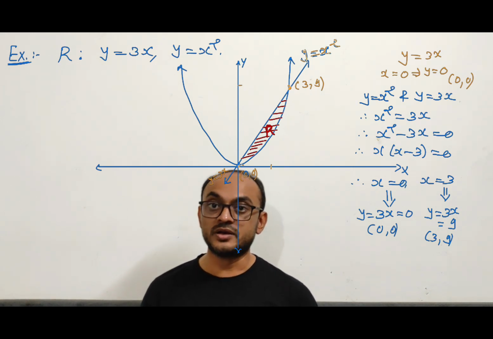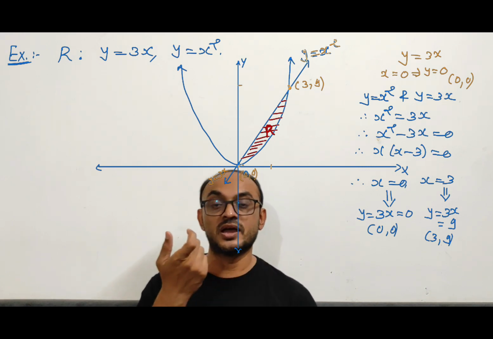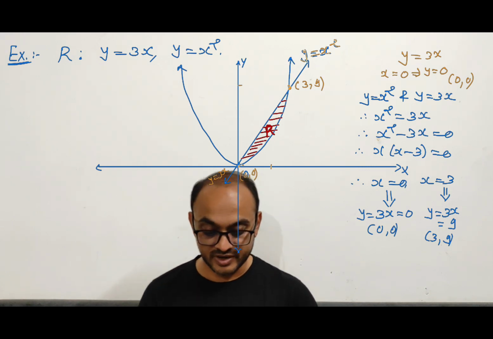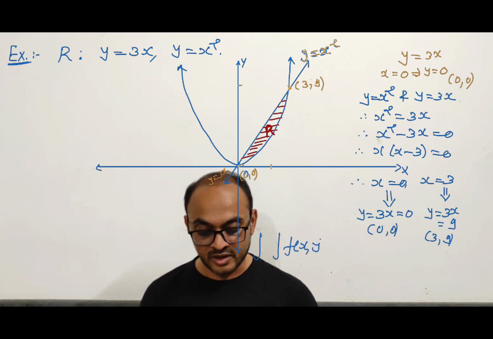Whenever we are writing the limits, we always have two cases, with respect to dy dx and with respect to dx dy. So first of all, double integration f of x, y dy dx.